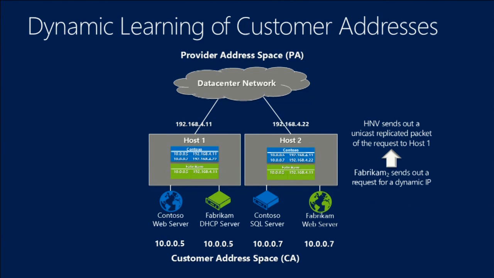Let's assume in this case the multicast and broadcast are disabled on the physical network. So when the packet comes in on the host, we'll do the unicast replication, and we'll only send the packet to host 1, because that's where the Fabrikam DHCP server is.